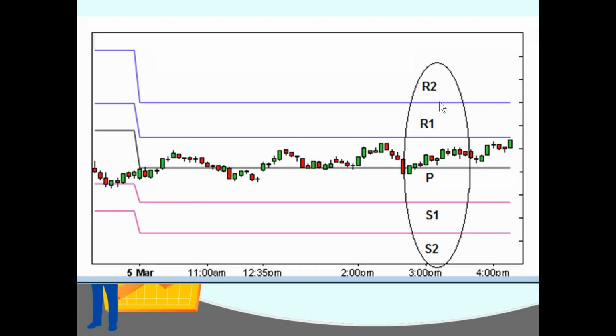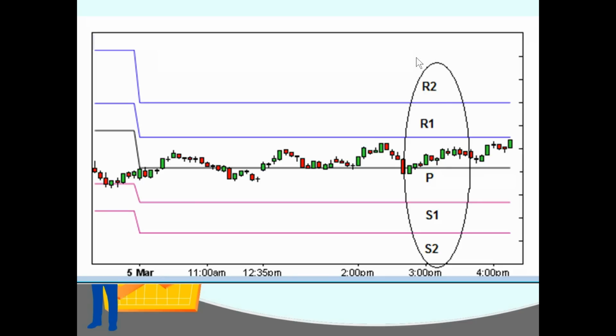And now you can make R2 your profit target, and P is now your stop loss. Okay? So it's gone above R1 with conviction, so now P is your stop loss and R2 is your profit target. And if it gets up to R2, you can take profits.